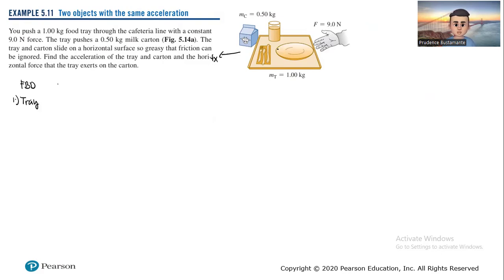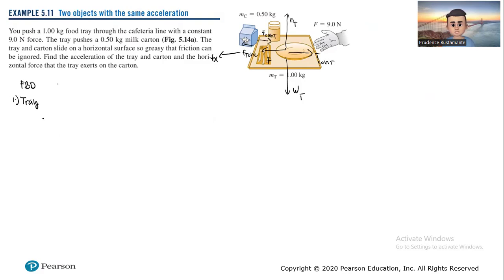If you look at the tray, of course, there is the normal force of the tray, there is the weight force of the tray, there is the force that is being applied, and also the force of the carton on the tray and the force of the tray on the carton. There is a force of the carton on the tray because it bumped with the carton.